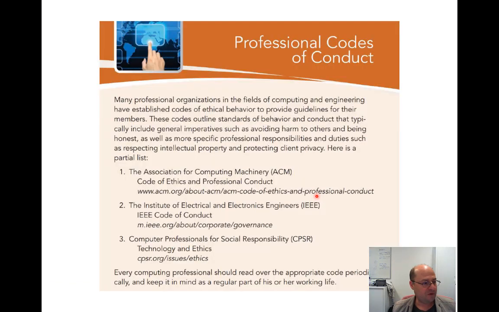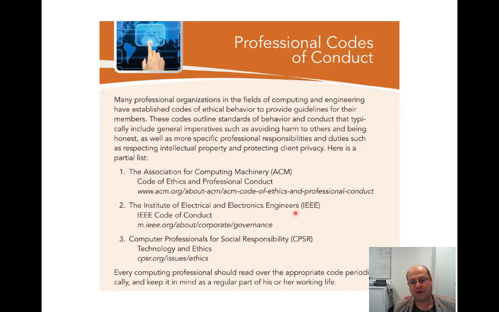Another important thing before we move on to our last part of this lecture series: you should be aware of the professional organizations. If you are a computer scientist, maybe the Association for Computing Machinery, the ACM, is the place that you should go. They have a well-written code of ethics and professional conduct on their site.